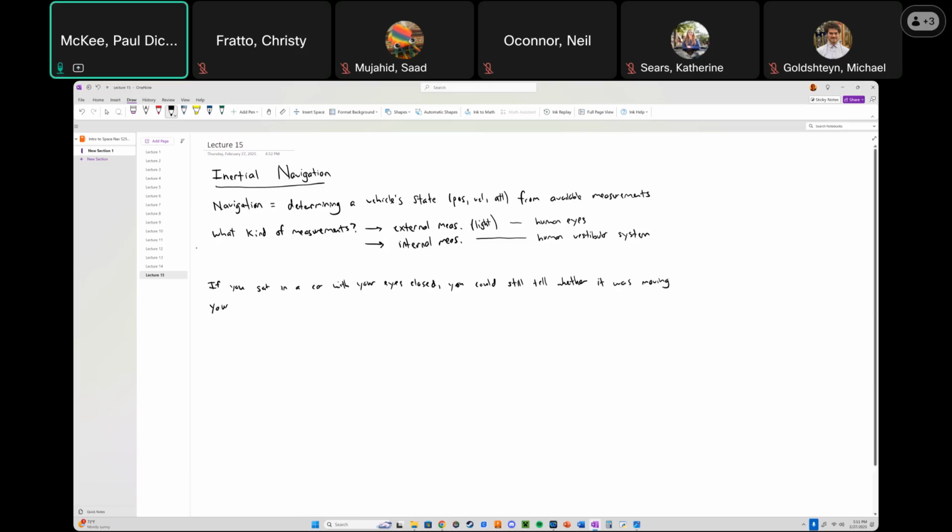Your built-in human body sensors can detect acceleration as well as rotation.